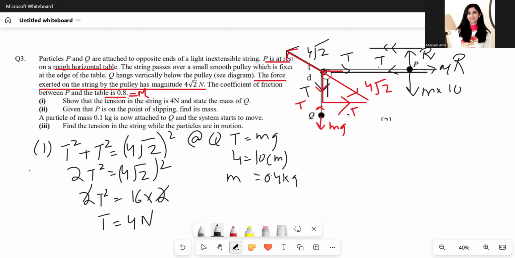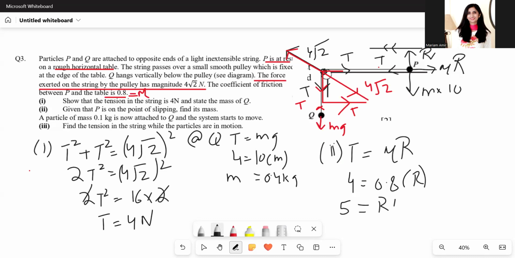Okay, now to find the mass, we can do tension, which is the force towards the left, equal to mu R. So we already know the value of tension, 4 equals, we know mu, 0.8. So now we can find R. 4 upon 0.8, 5 newtons. Okay.